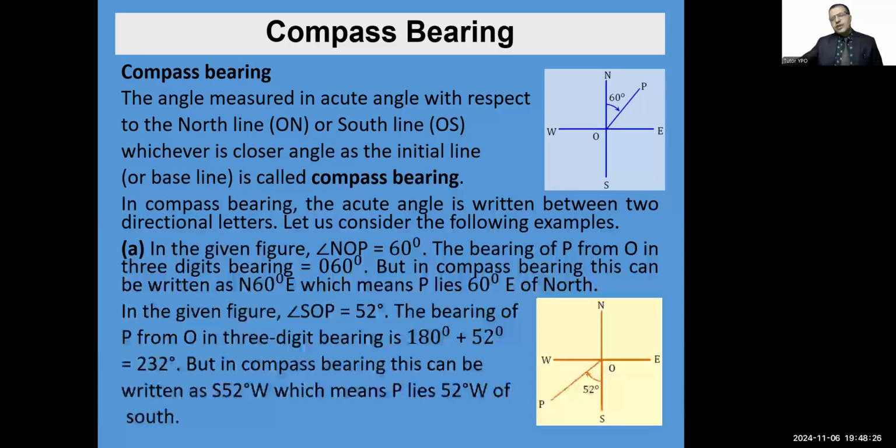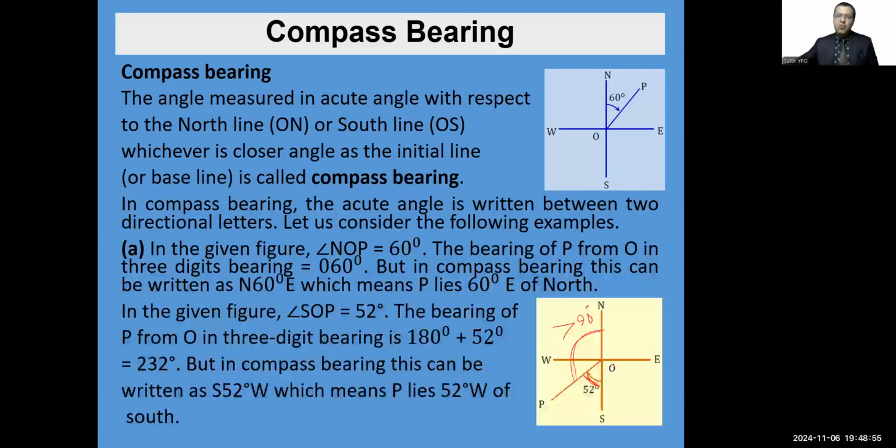The angle with the north line is more than 90 degrees, which is an obtuse angle. So we have to consider OS, that is the south line, as the initial line, because we have to find the measure of the angle as an acute angle.